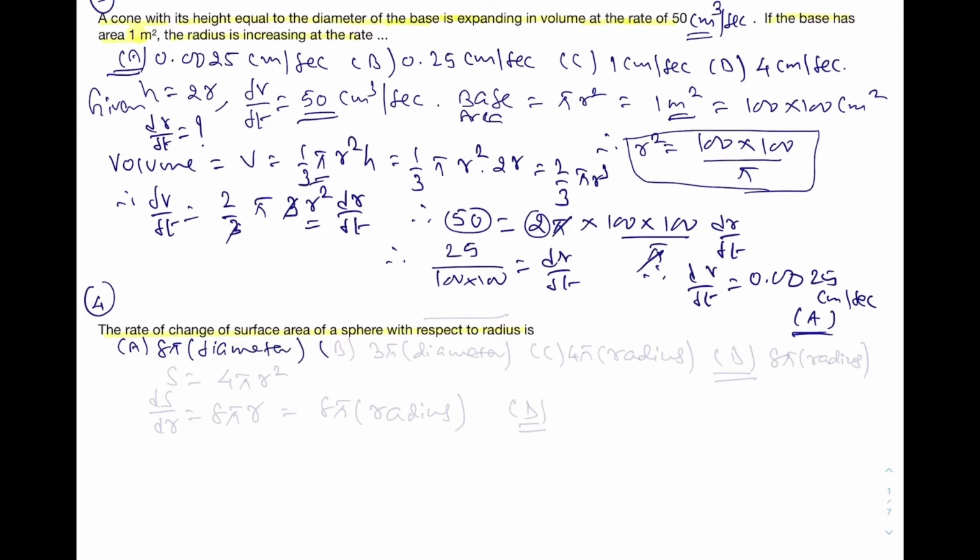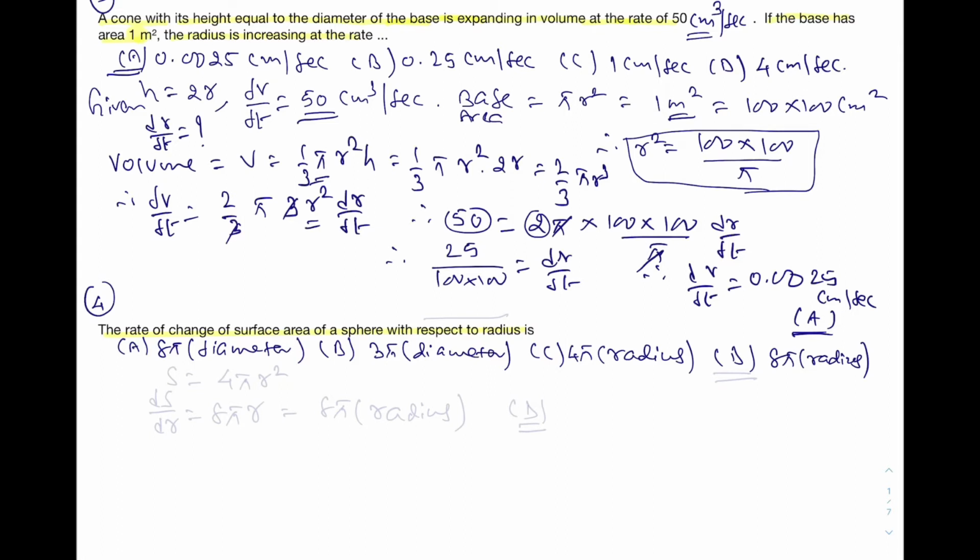Second, 3 pi diameter. Third, 4 pi radius. And fourth, 8 pi radius. Okay, not difficult. Now the rate of change of surface area.